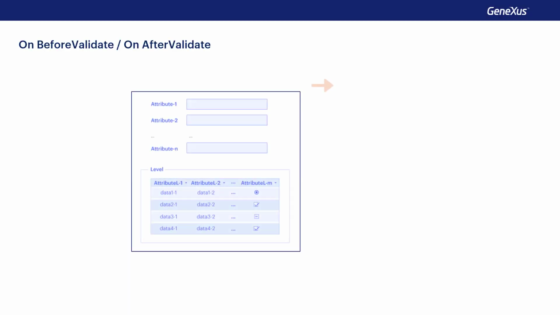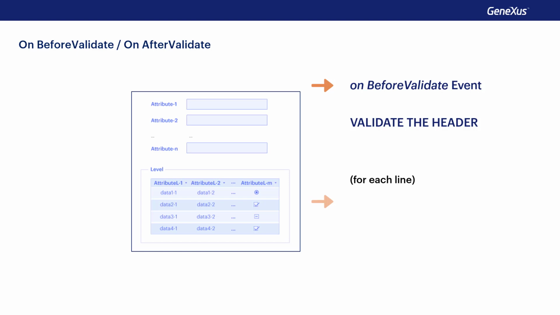In short, the BeforeValidate triggering event occurs right before the information of the instance we're working with, header or line, is validated. That is to say, it'll take place right before the header validation or line validation action as appropriate.